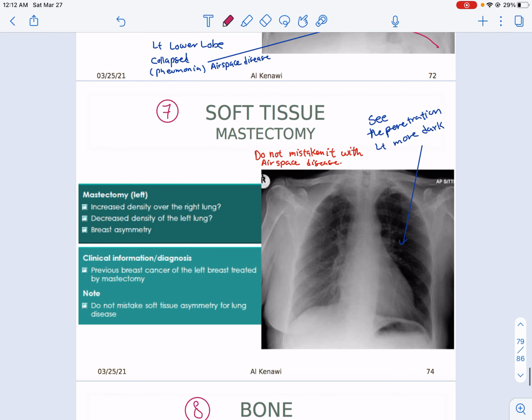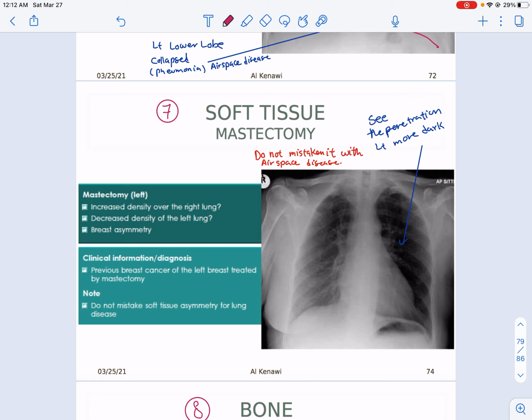The seventh abnormality is the soft tissue. We already talked a little bit about it, the mastectomy. It shouldn't be mistaken for air space disease.